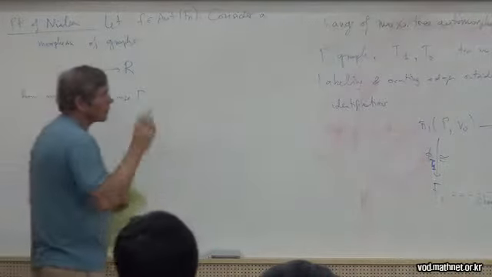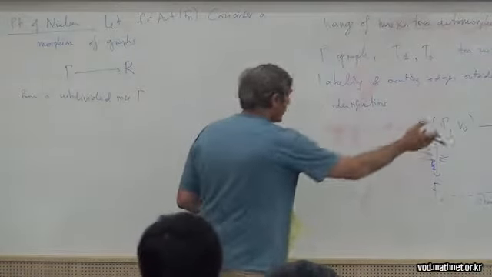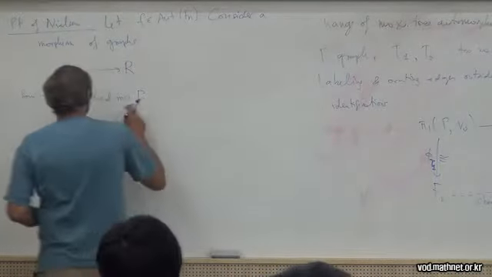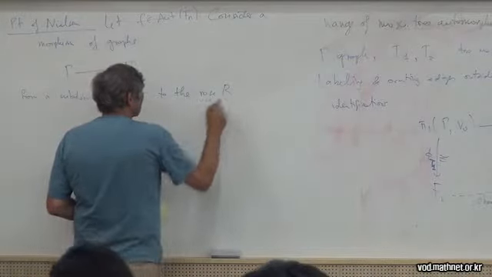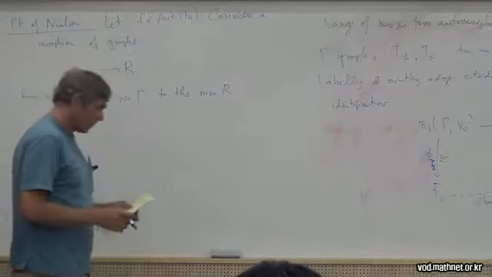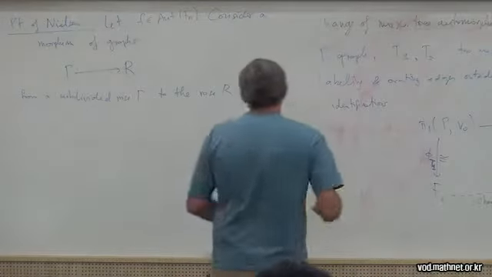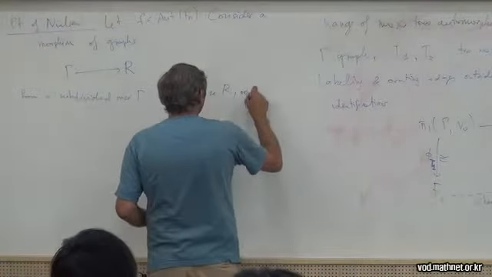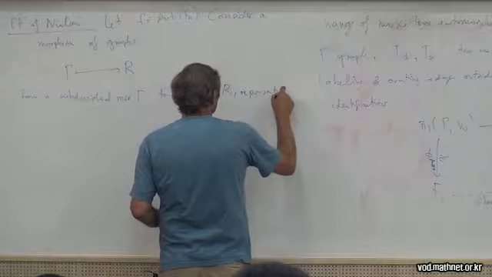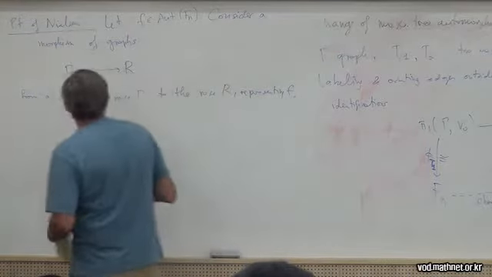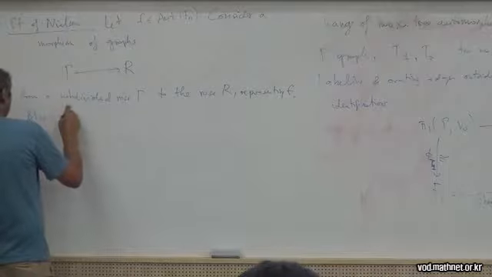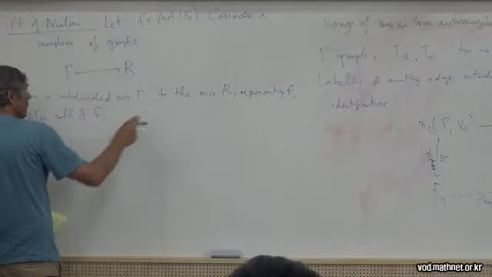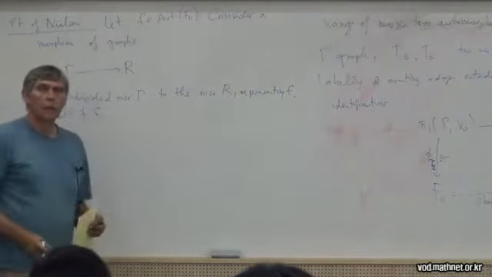Gamma is just going to be the rose, but I'll subdivide according to where the generators go. So a morphism from the subdivided rose gamma to the rose R, representing F. And by abuse of notation, I'm also going to call it F. Maybe this should be F sharp or something.